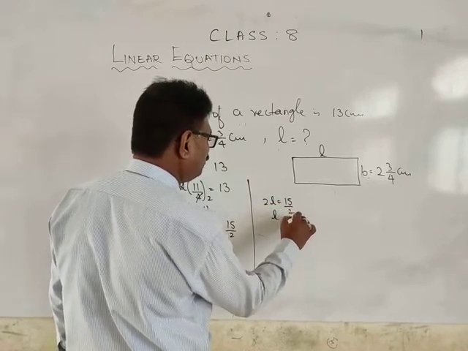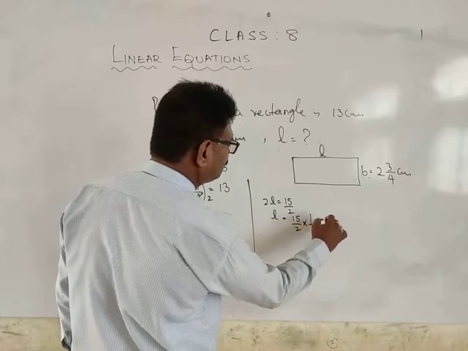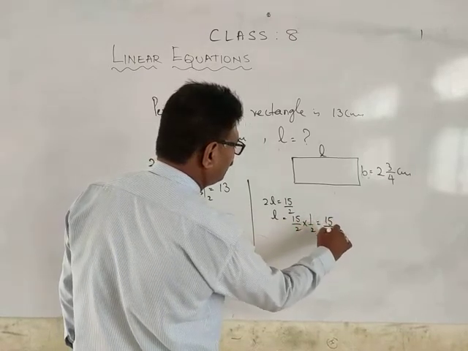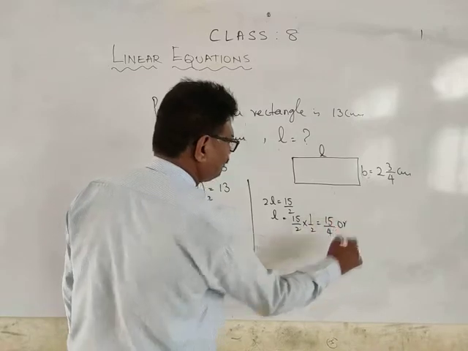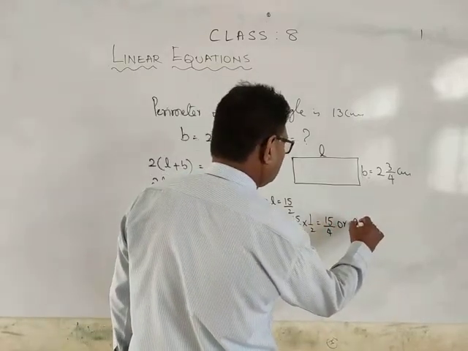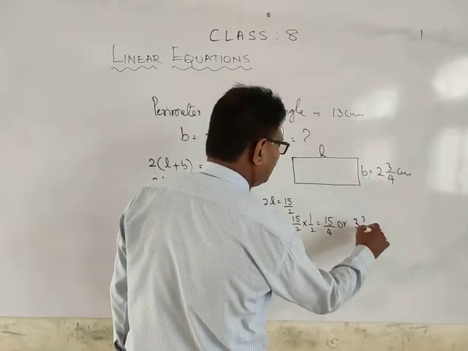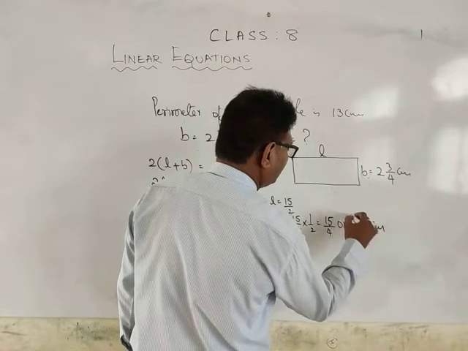Therefore length equal to 15 by 2 into 1 by 2 is equal to 15 by 4. Or you can write 4 threes are 12, 3 3 by 4 centimeters.